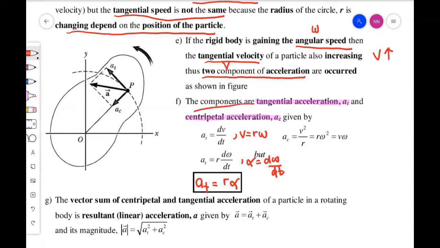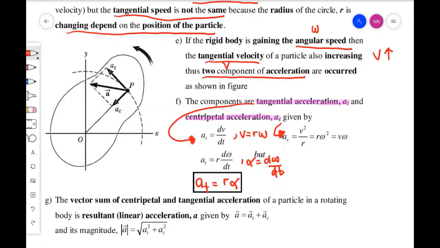Centripetal acceleration sebab ada perubahan pada speed, dia akan hasilkan centripetal acceleration yang mana formula adalah sama dengan v squared over r.